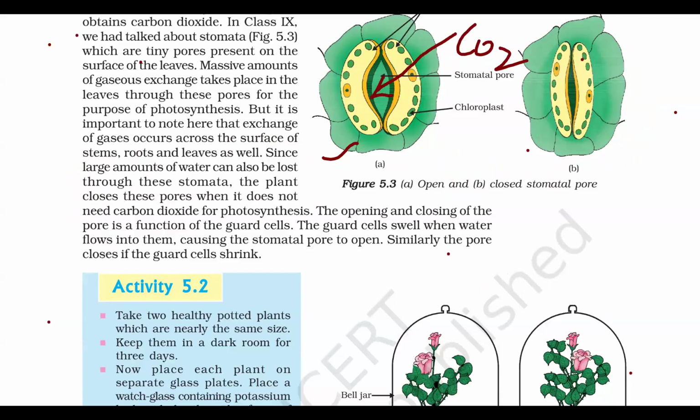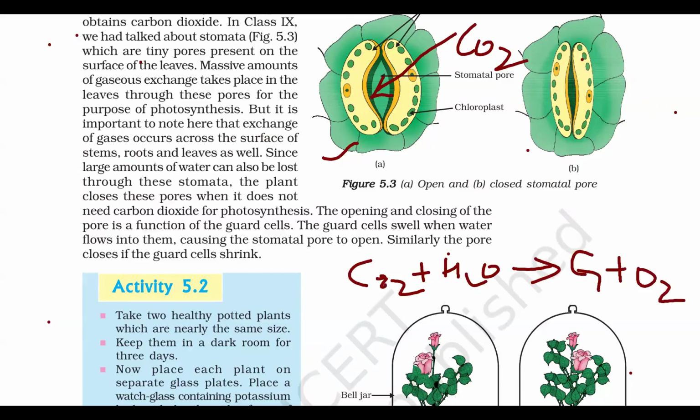And what we have read in the last class, that after combining carbon dioxide and water during photosynthesis, glucose is prepared, and apart from this, oxygen is also prepared. So this oxygen is again released in the environment with the help of stomata. Carbon dioxide is going inside the leaf and oxygen is coming out into the environment. Okay, clear to you?